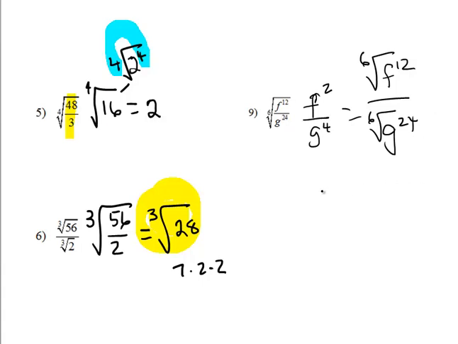You can also rewrite this as f to the 12/6 over g to the 24/6. However you're going to do it, there's a little division involved with these exponents. This is a really good example, though, why using fractional exponents gives it a little more clarity.